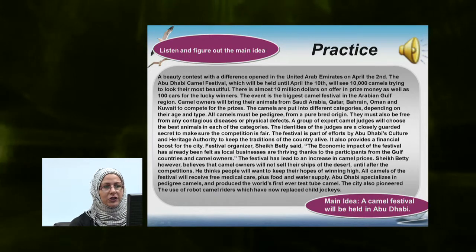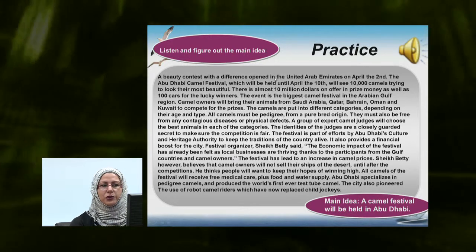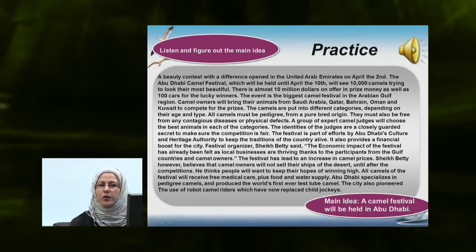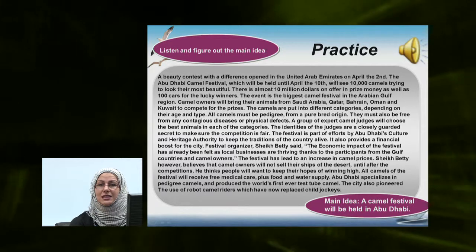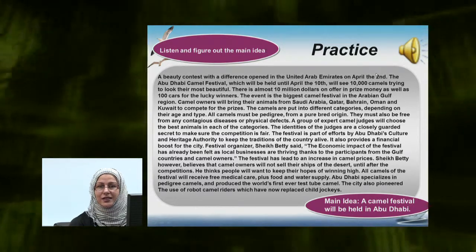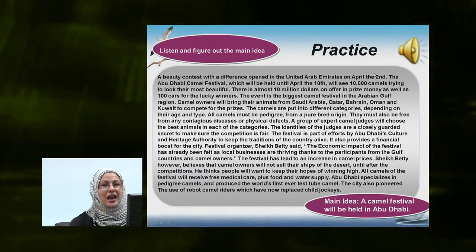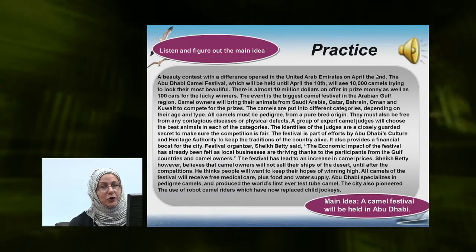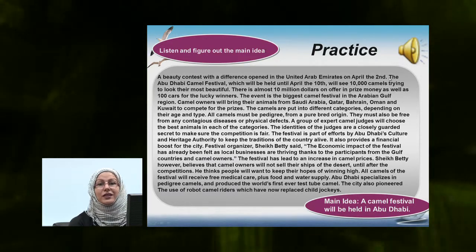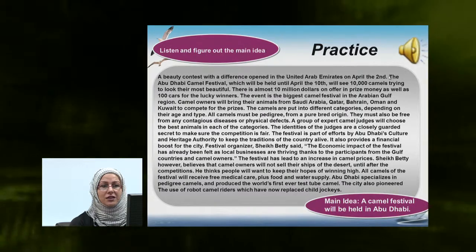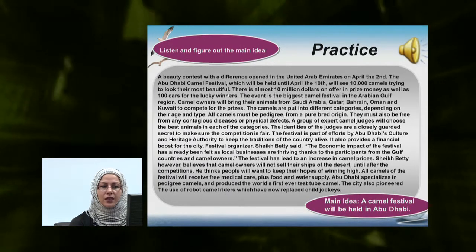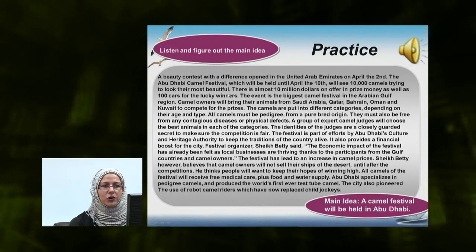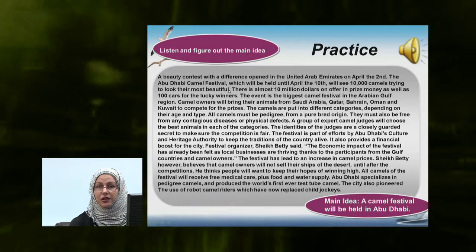So you can see here, a beauty contest with a difference opened in the United Arab Emirates on April the 2nd. This is the first introductory part that carries unnecessary details you don't need to focus on. Then comes the statement of the main idea: the Abu Dhabi Camel Festival, which will be held until April the 10th, will see 10,000 camels trying to look their most beautiful.